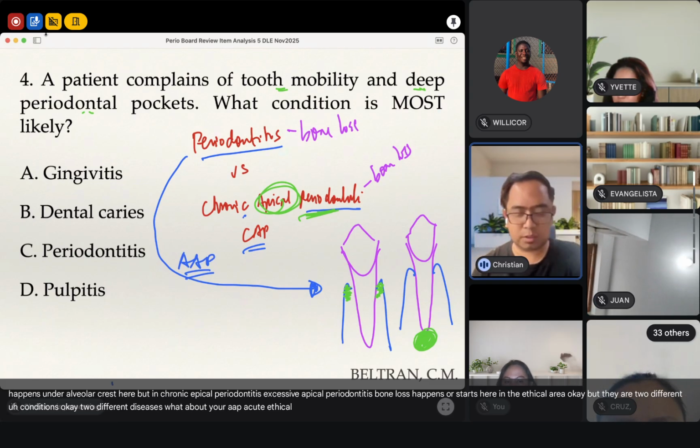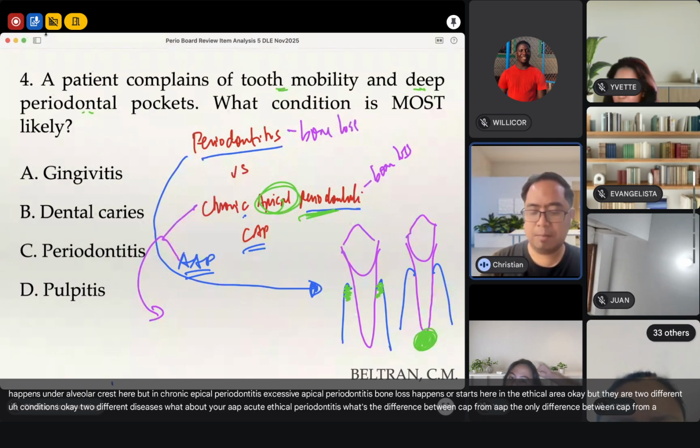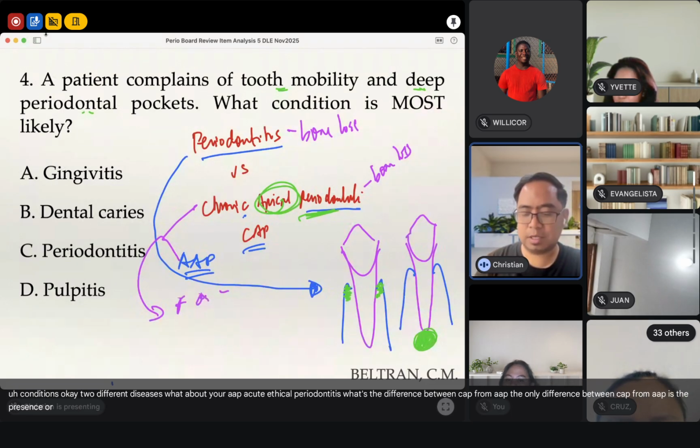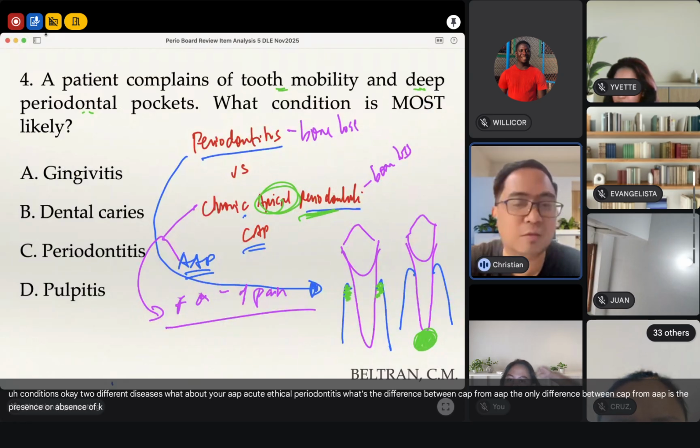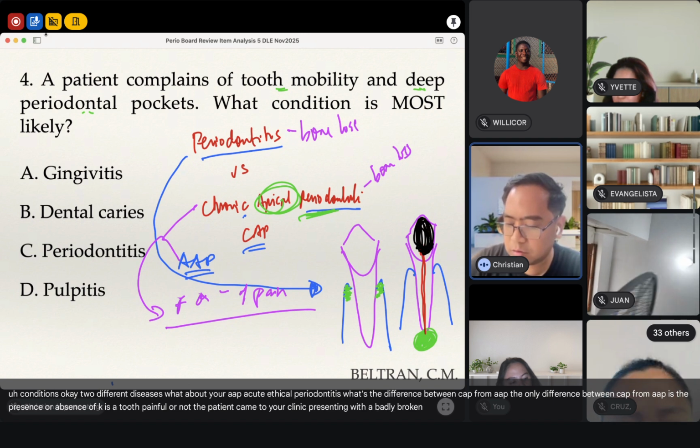Acute apical periodontitis. What's the difference between CAP from AAP? The only difference between CAP from AAP is the presence or absence of pain. Is the tooth painful or not? So patient came to your clinic presenting with a badly broken tooth and wants to have the tooth extracted.